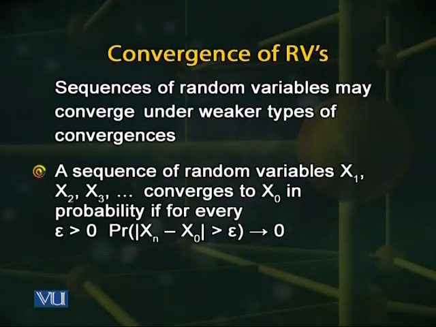Then we define events where for a certain value delta, the difference between the value of random variable xn and the value of random variable x0, the absolute value of that difference is greater than that selected delta. The probability of that event goes smaller and smaller and approaches 0.